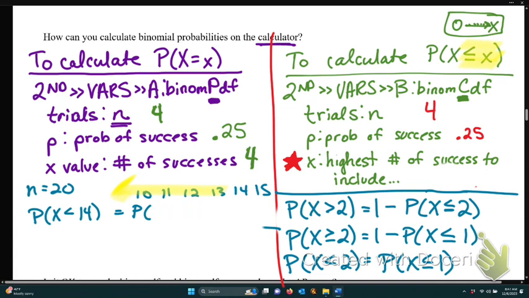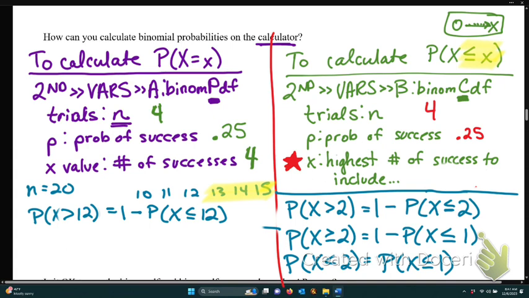Or maybe, let's say I'm trying to find the probability that x is greater than 12, right? Then I go, okay, so that would be 1 minus the probability that x is less than or equal to 12. Okay? So, that's how I can wrap my brain around making sure I have the right thing, right?